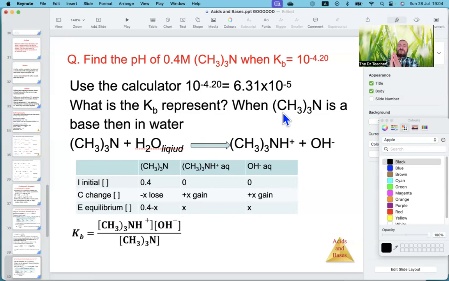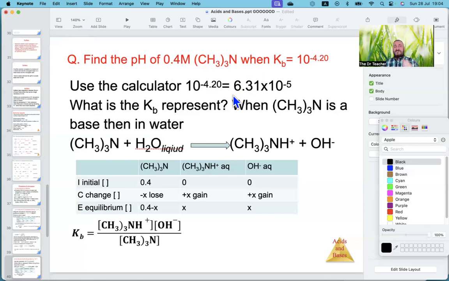And once we have the concentration of OH, we can easily calculate the pOH, which equals minus logarithm OH. You finish it, you put it in another equation, which is pH equals 14 minus pOH. And then you end up with a pH.